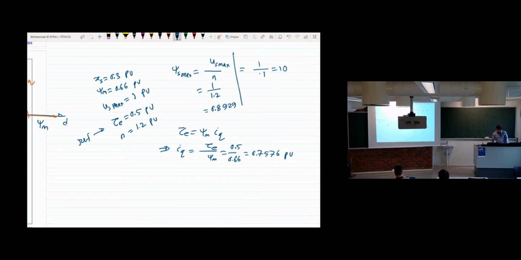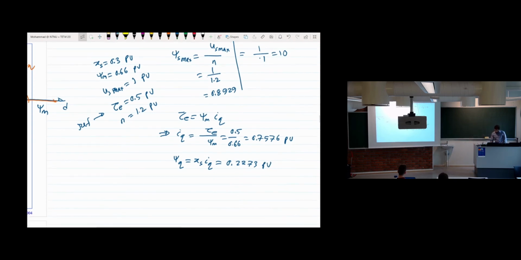So now we can see the q-axis stator flux, psi q, which is Xs iq. We have Xs 0.3, multiplied by iq, that gives us 0.2273 per unit. So this is the q-axis flux that we obtain.